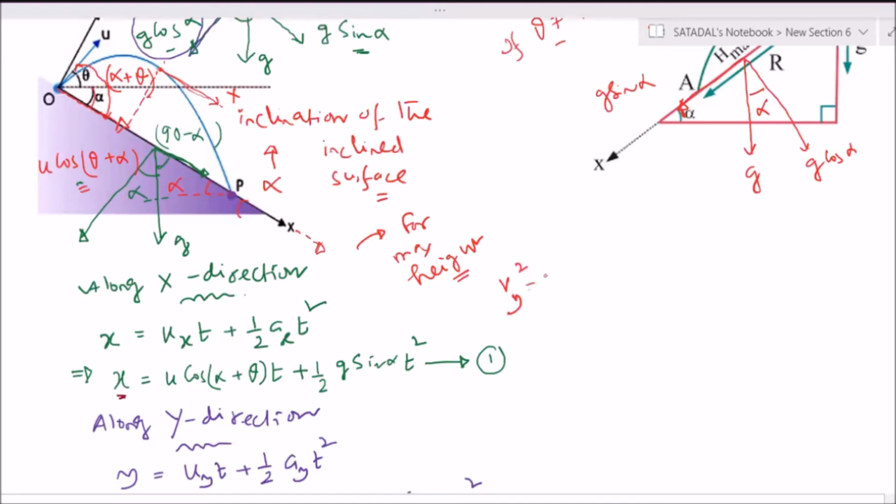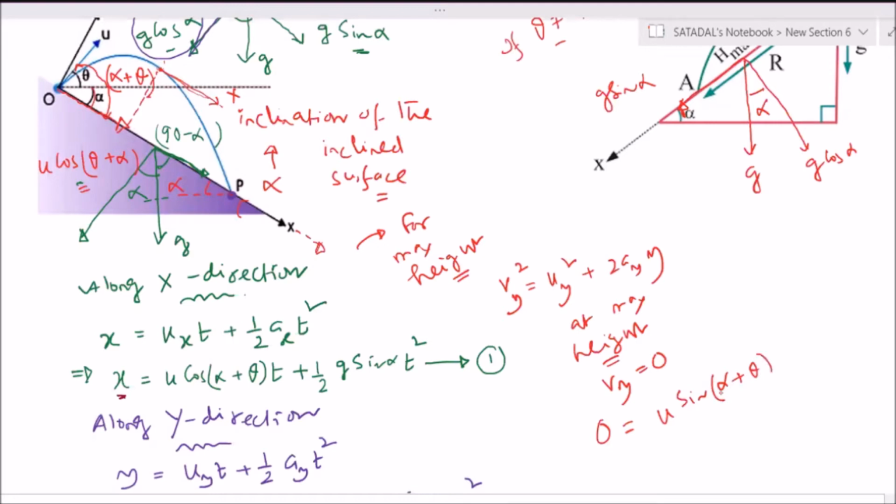Vy square is equal to uy square plus 2 ay into y. At maximum height, Vy will be equal to 0. Is that clear? So 0 is equal to, what is uy? uy was equal to u sine of alpha plus theta, whole square.